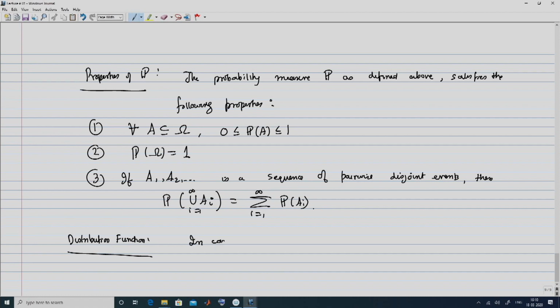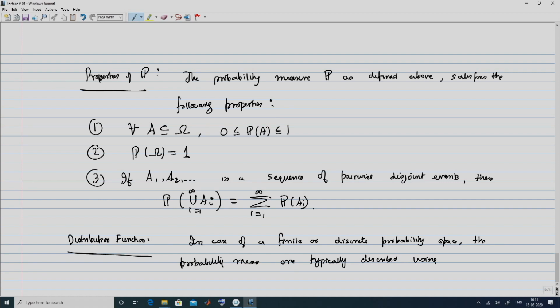See, what happens is that in case of a finite or discrete probability space, the probability measure one typically described using the probability mass function, which I will denote by PMF, and you would recall that this was f of little omega, the probability of the elementary event omega, is not easily extendable to continuous probability.